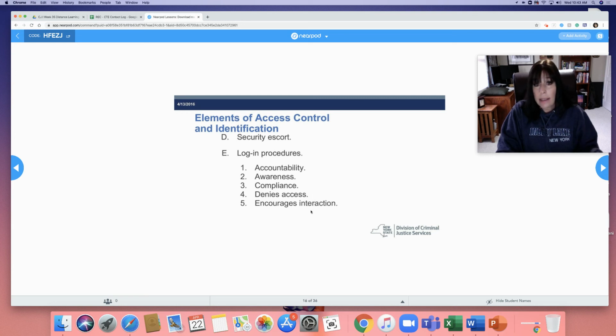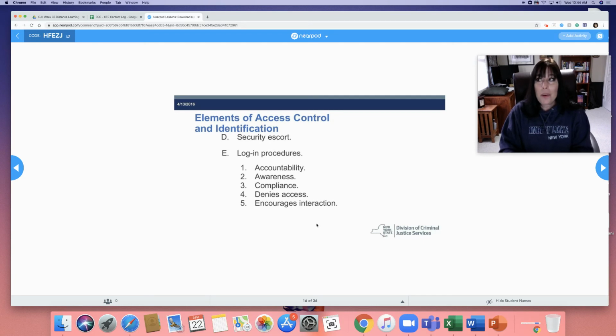Denies access, encourages interaction. So again, maybe somebody like an employee is on property because they work there and they're supposed to be, but they're trying to access an area they don't have permission to be in. Part of the procedure to go into that area is to sign in.